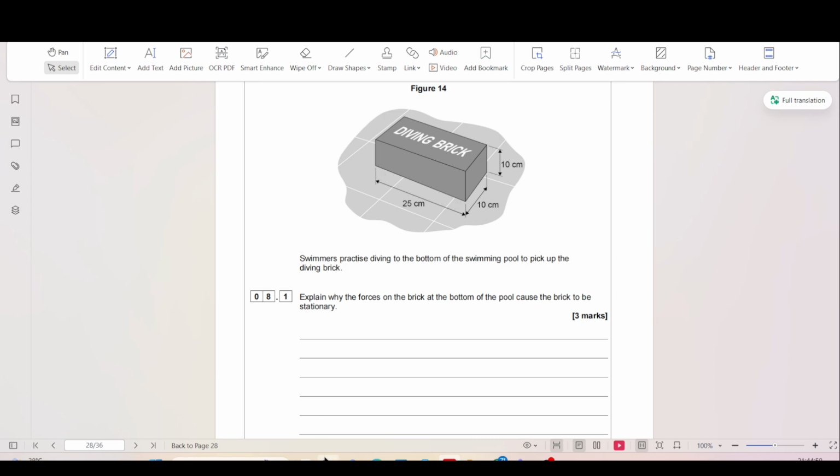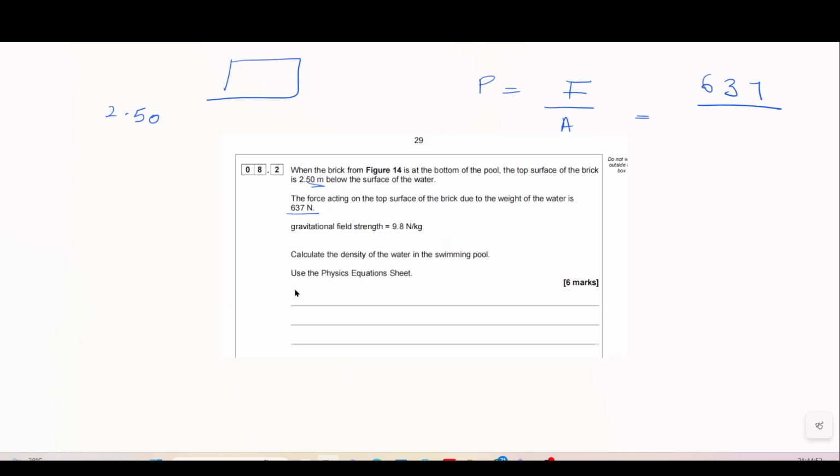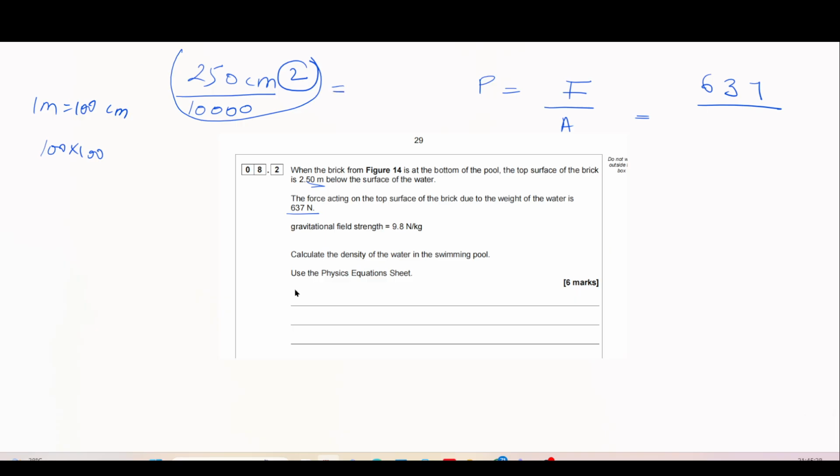Yes, 250, but this is in centimeters squared, so let's convert it into meters squared. You will divide it by 10,000. Why? Because there is a square. 1 meter is 100 centimeters, but because of the square, 100 times 100 becomes 10,000. That's why we are dividing by 10,000.